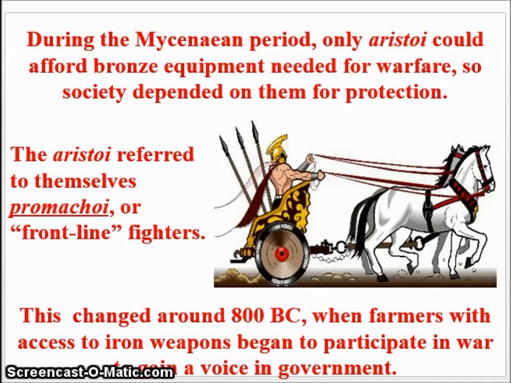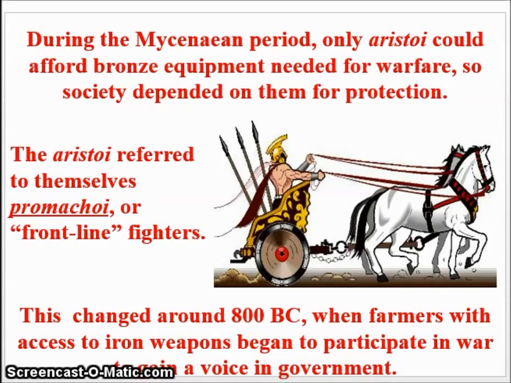So again, this notion of showing up on the battlefield being a prerequisite for political representation becomes a motivator for the smaller landowning farmers, the middling classes, to begin showing up on battlefields with the equipment that they have available. Now, quite frankly, we see the availability of iron facilitating this process because bronze had been a very expensive material to make armor and weapons out of, and that put weapons out of the hands of the less wealthy citizens of an area.